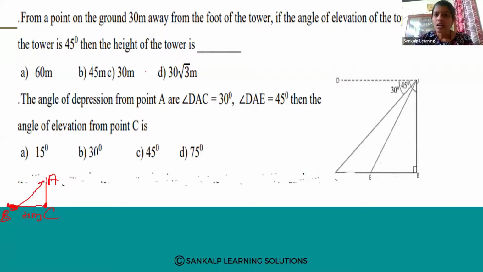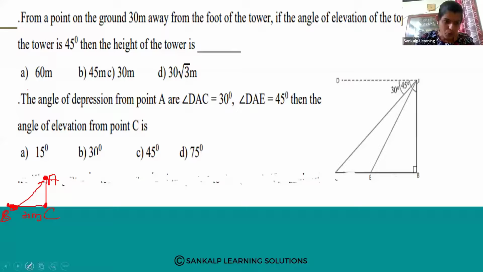Next, if the angle of elevation of the top of the tower is 45 degree. See, the top of the tower, this is the tower, so AC is the tower. Where do you look for the top of the tower? You look up.